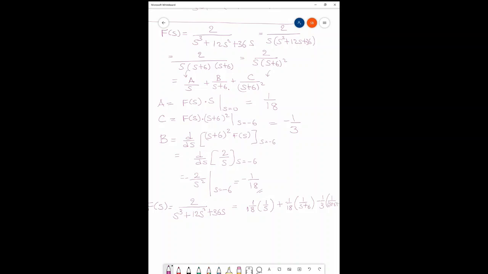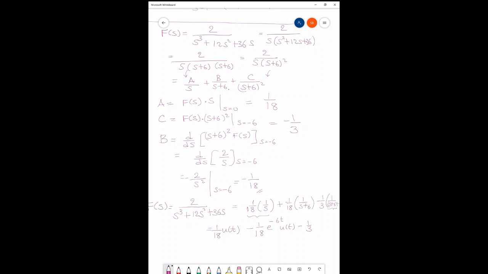First, we would have 1 over 18 u of t, minus 1 over 18 e raised to minus 6t u of t, minus, for the last one, 1 over 3 times the transform of 1 over s plus 6 squared.